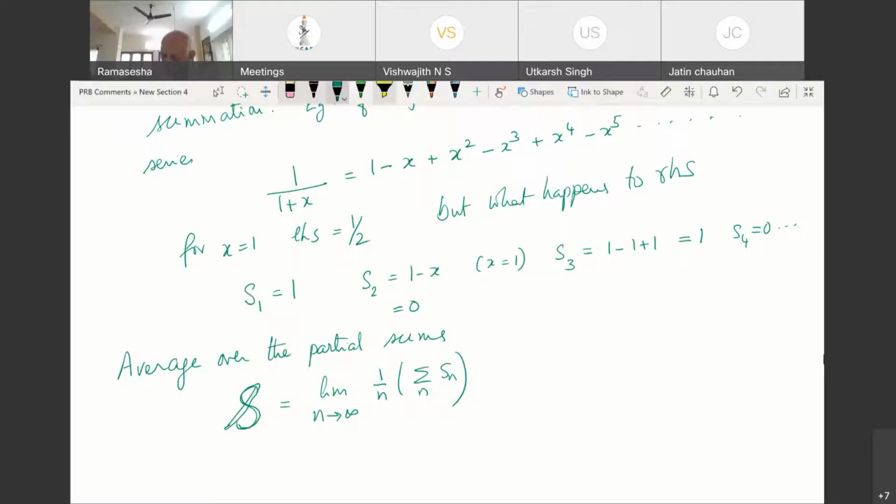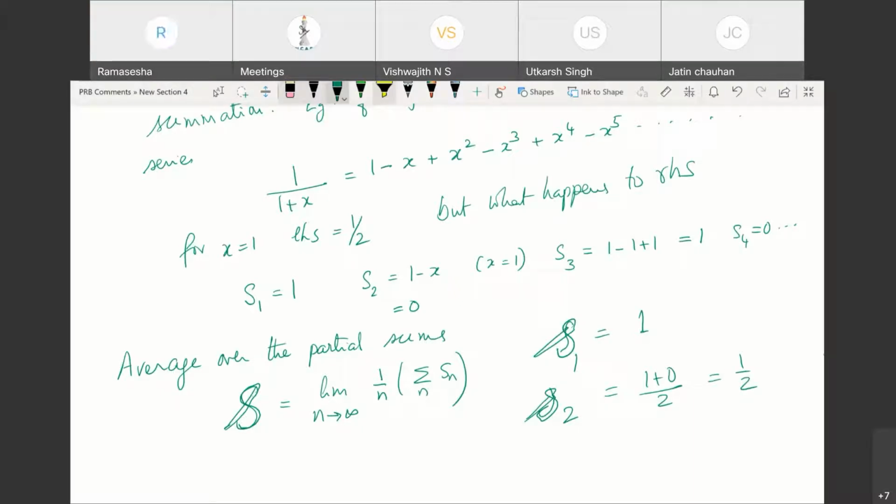If I take this one, S2 will be 1 plus 0 by 2 equal to 1/2, because you have two terms. The first term is 1, the second term is 0, it is 1/2. And S3, what is the S3?